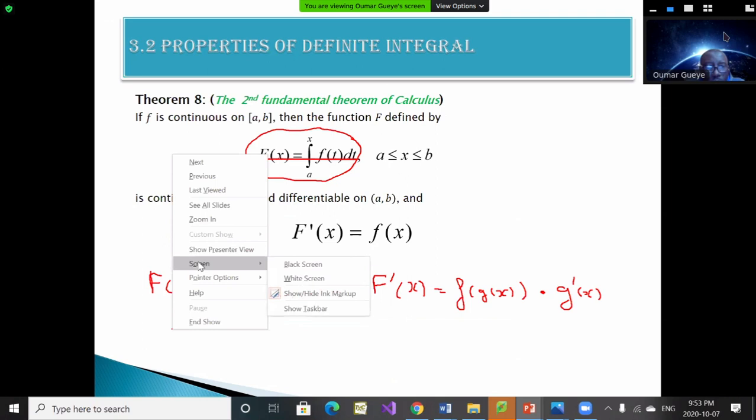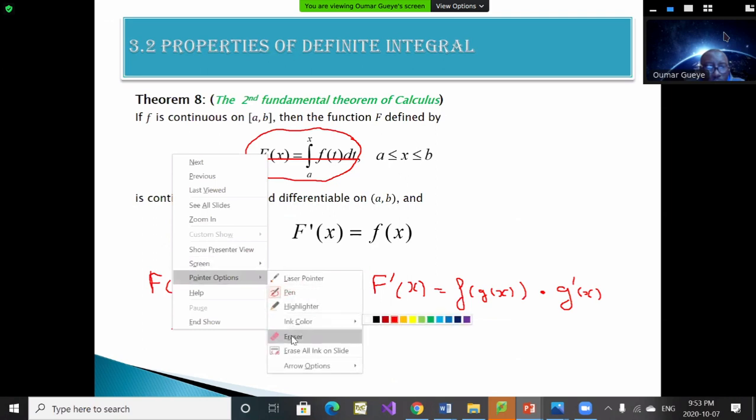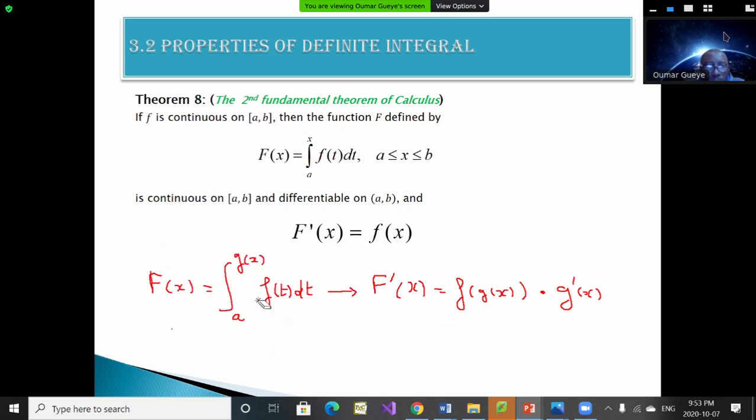In my second example, g of x was equal to 3x squared. That's why we multiplied at the end by the derivative of 3x squared and got 6x. So I just applied the general formula in this case.